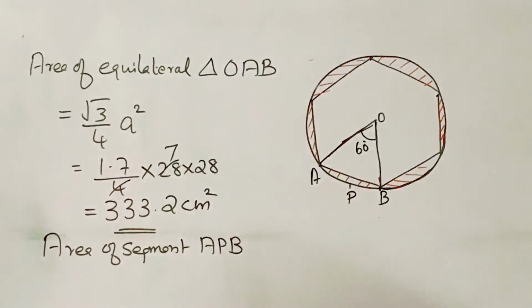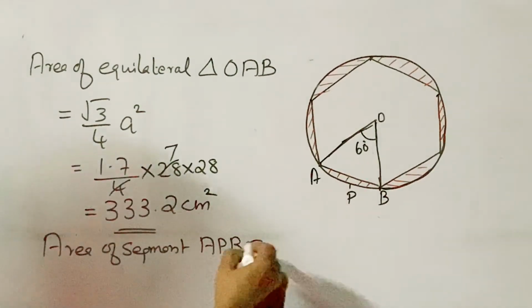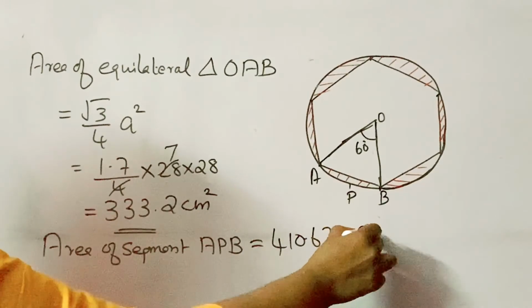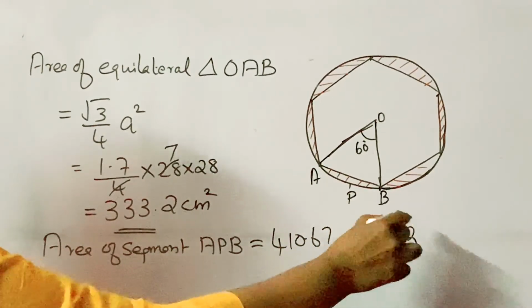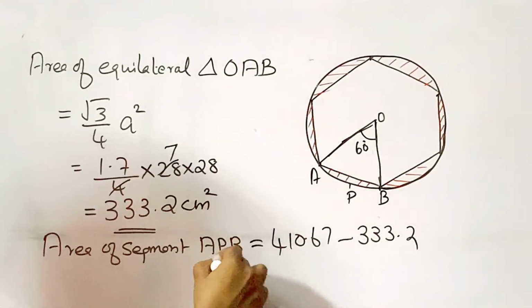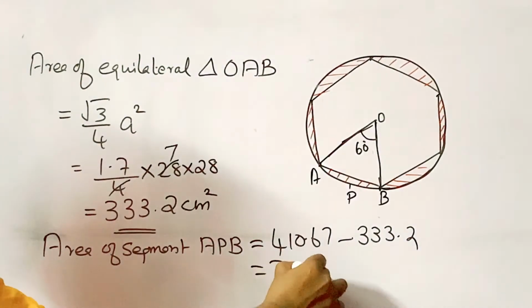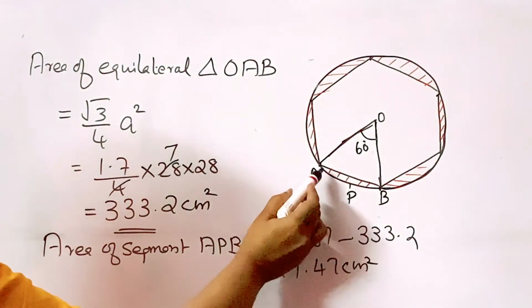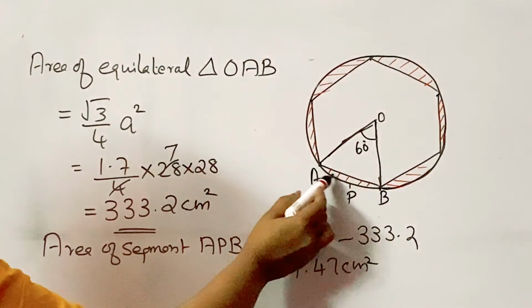Area of the segment APB is equal to area of the sector minus area of the triangle. That means 410.67 minus 333.2. That is 77.47 centimeter squares. That is the area of the segment APB.